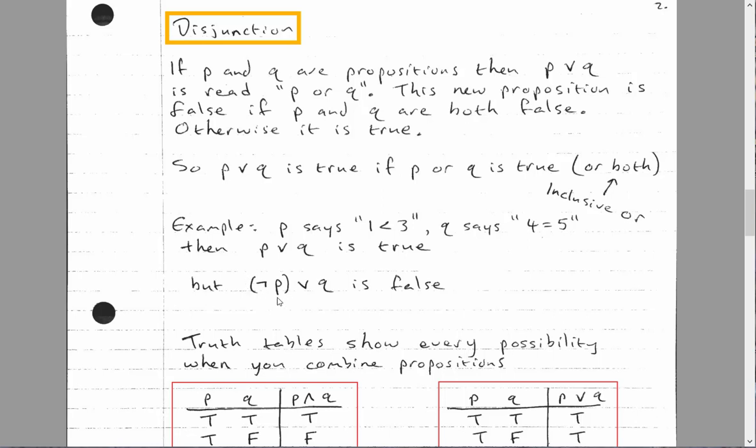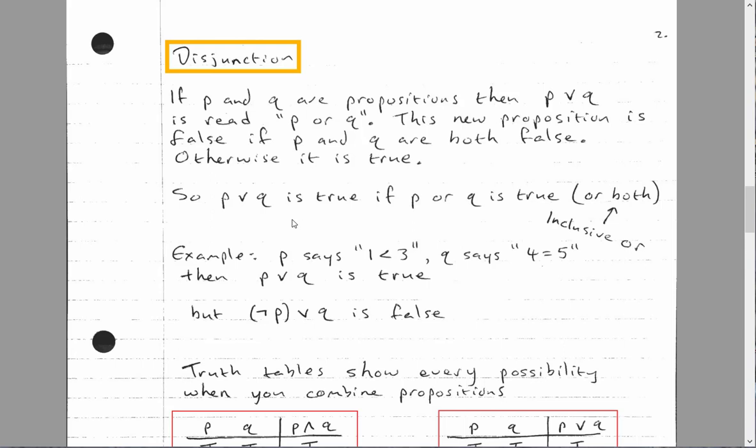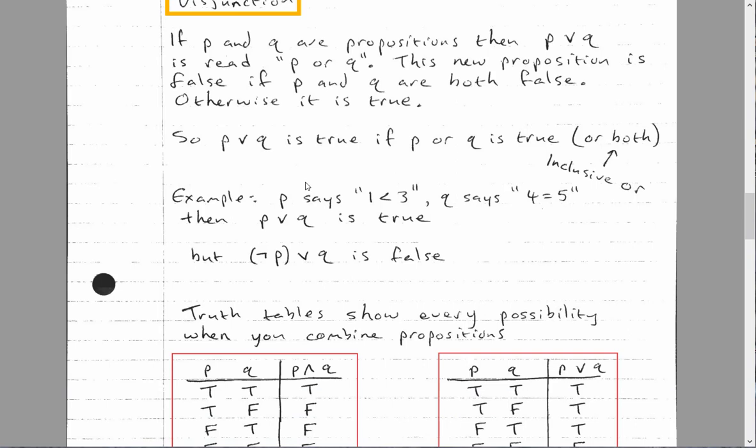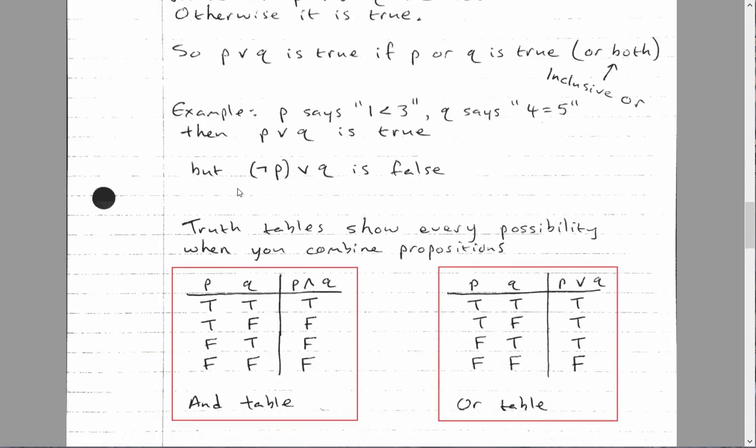You could look at not P or Q, and this would be false because not P is false and Q is false, so the disjunction is false. Okay, it's starting to get complicated. So even though these propositions can only take two values, true or false, it can get complicated when you're combining them.